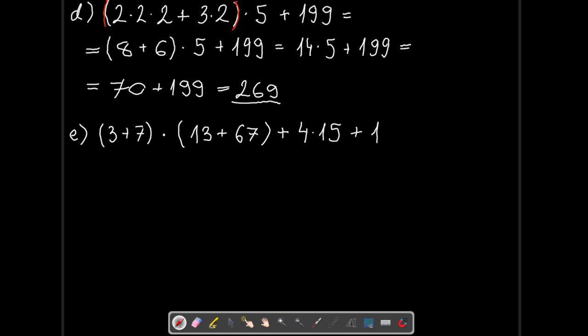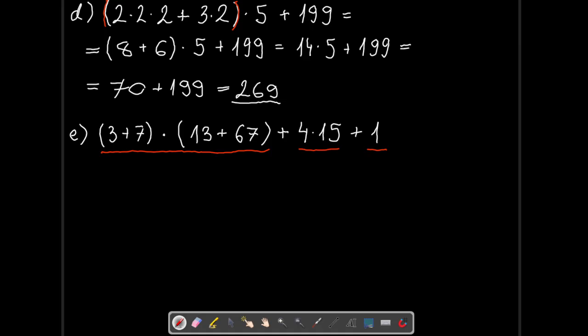So let's see what we can do here. Obviously we need to do the brackets first, but since this expression is made out of 3 parts, this is part 1, this is part 2, and this is part 3.